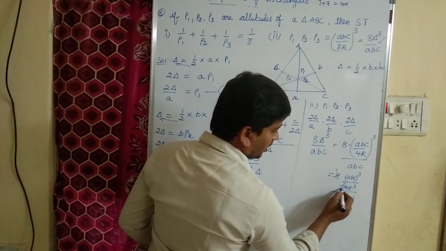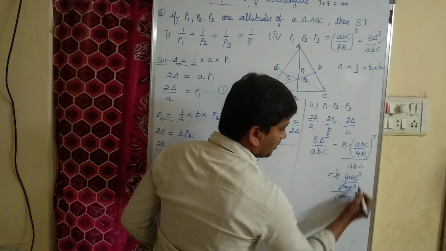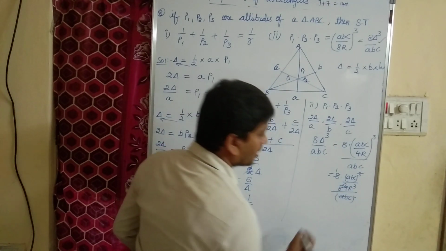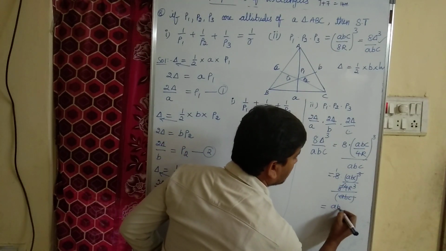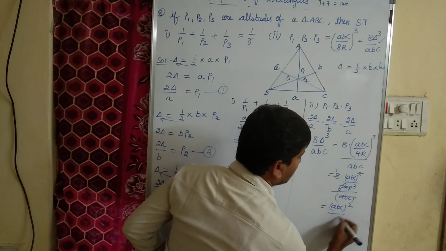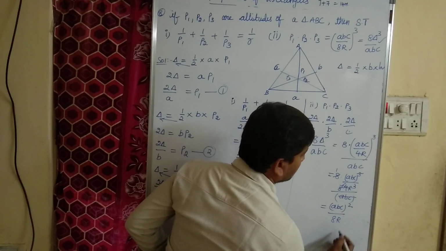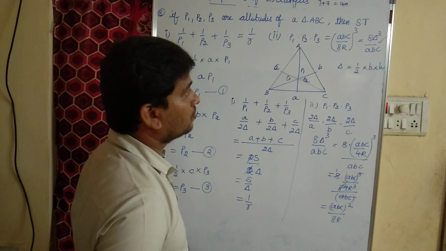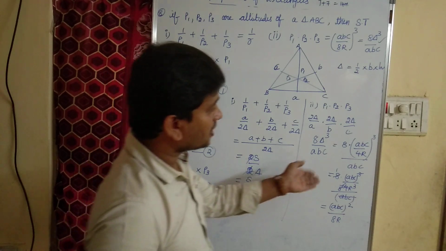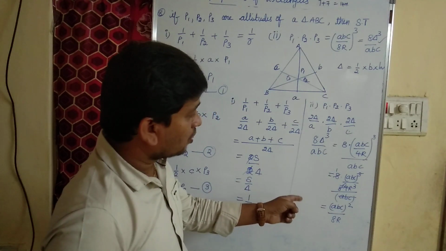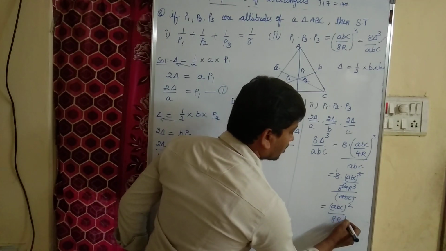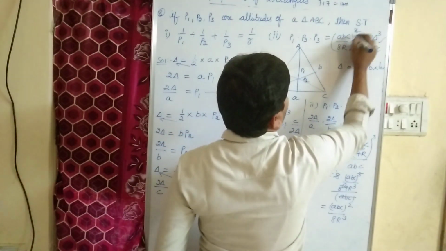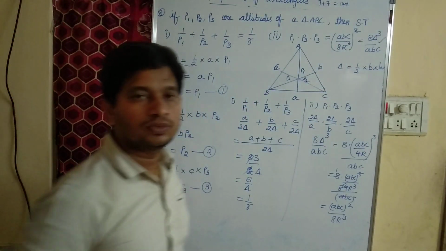One ABC gets cancelled. So what we have? ABC whole square by 8 R cube. Actually the ABC whole square by 8 R cube.